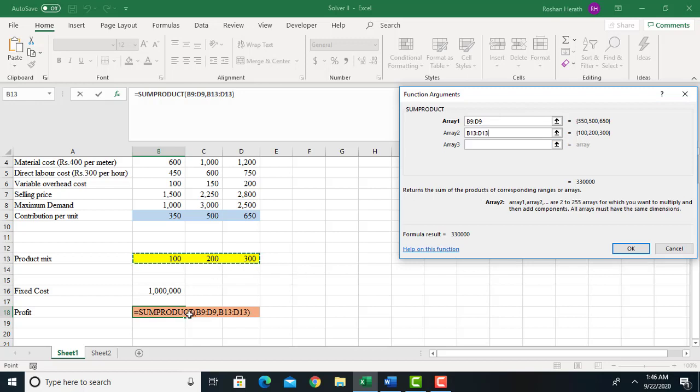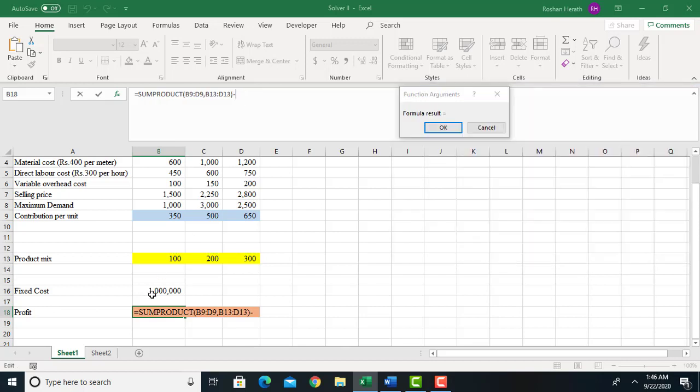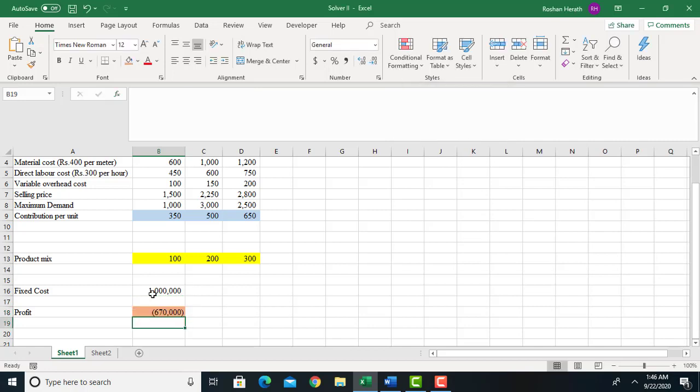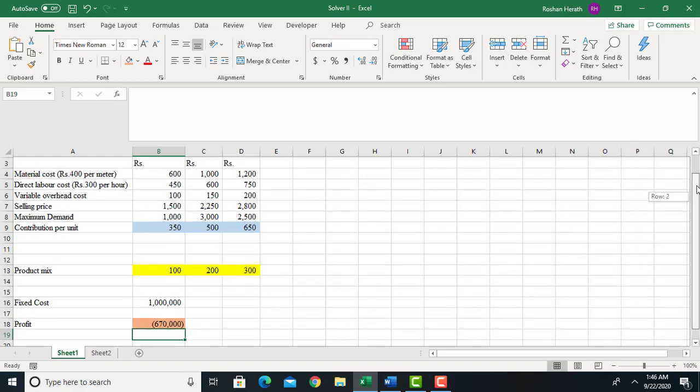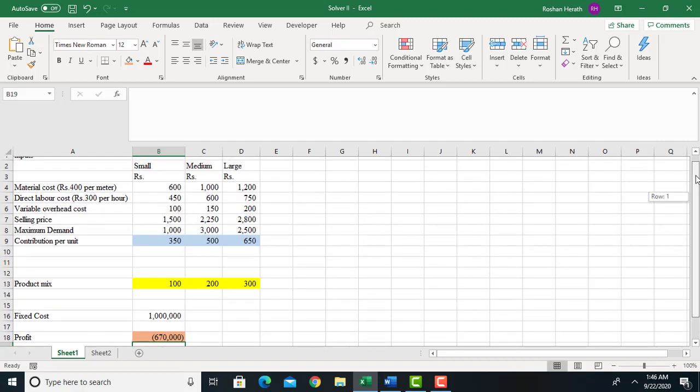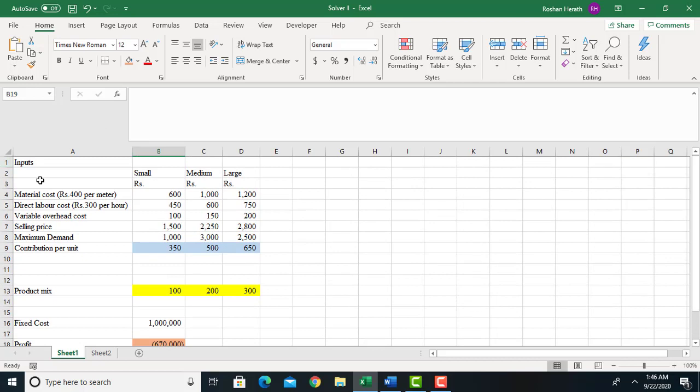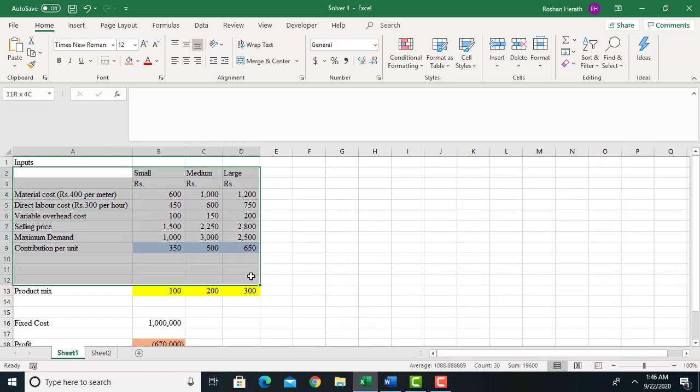And that will give you the contribution. In order to figure out the profit, you can deduct the fixed cost. So depending on the information we have fed into the model, there it comes a loss at the moment. That's perfectly fine because we are going to figure the things out.